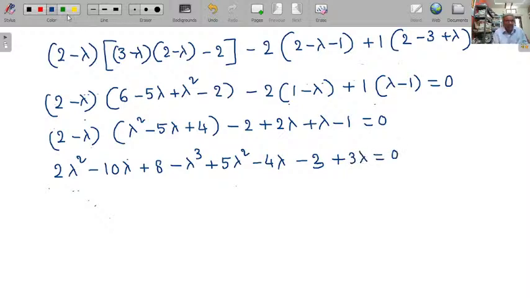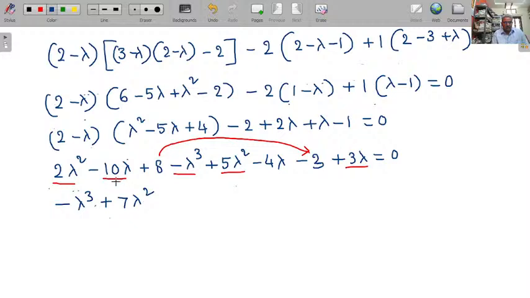So let us simplify. How to simplify? First minus lambda cube write down, next 2 lambda square and 5 lambda square, minus 10 lambda and 3 lambda. Next these two we need to simplify. So first minus lambda cube write down, 5 lambda square plus 2 lambda square is plus 7 lambda square.